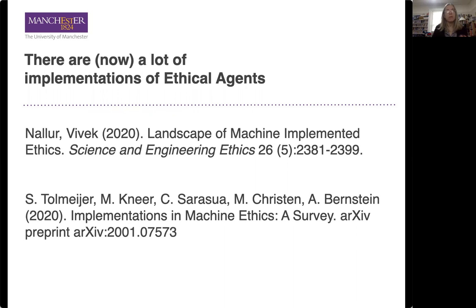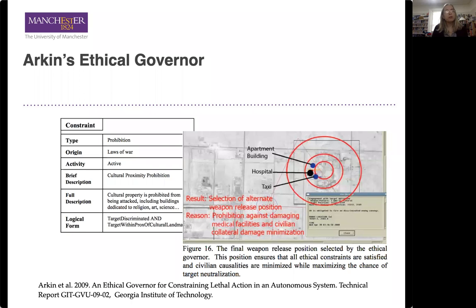And I'm going to start with what I think are three early examples which approach the problem in rather different ways. Most people think the first real machine ethics system was Arkin's ethical governor, and this was to go with a missile targeting system.